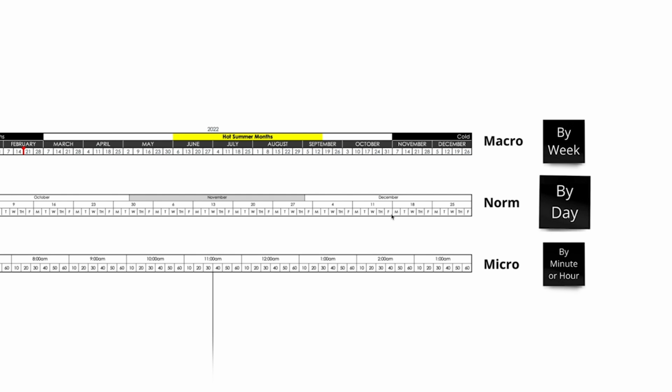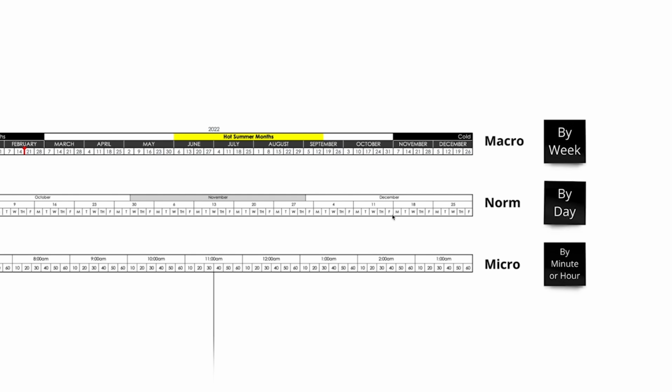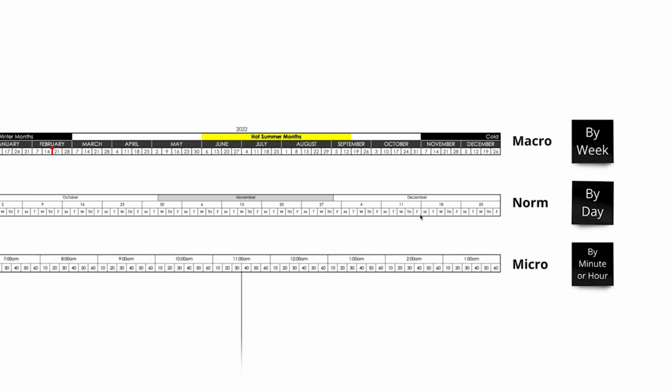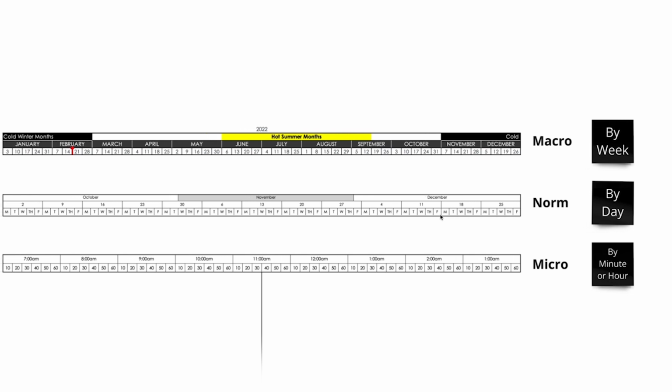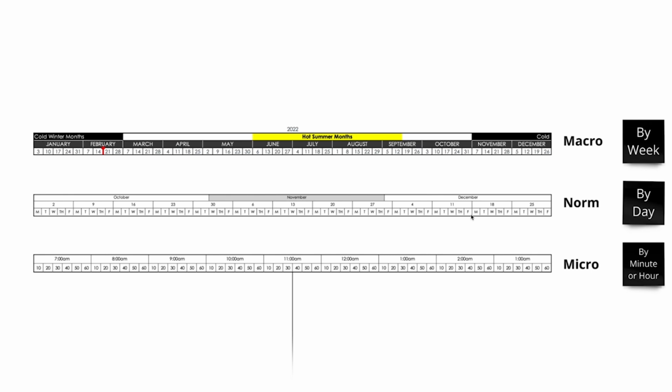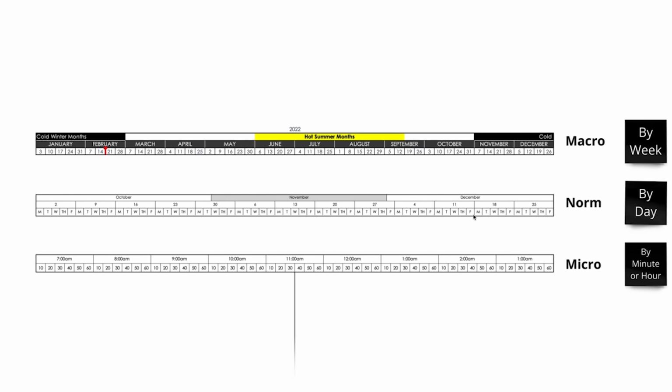The norm is your day by day. This is where you do your production planning and then filter out your look ahead plan, your weekly work plan, and your day plan. And since a day in construction is the typical standard time unit, this is the most ideal norm level format.